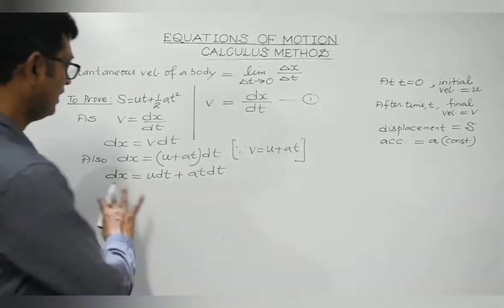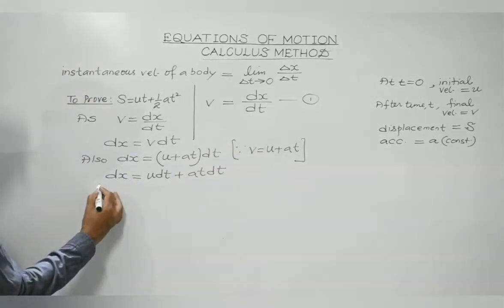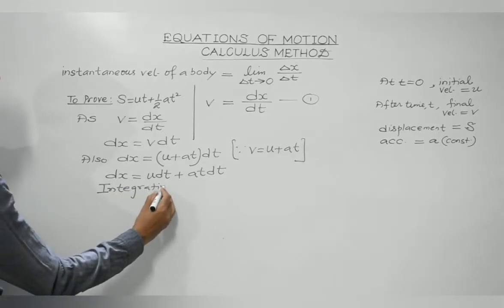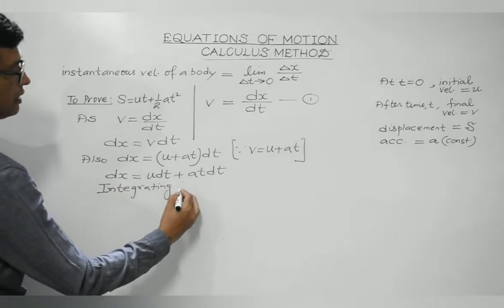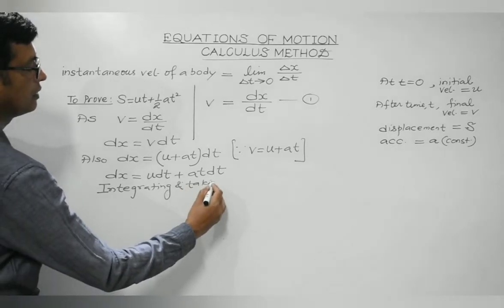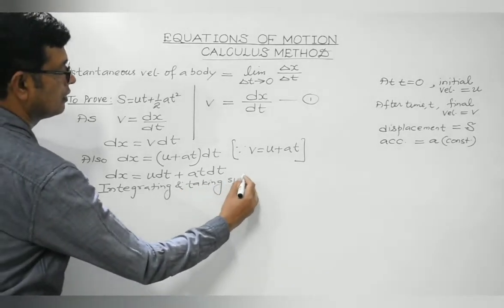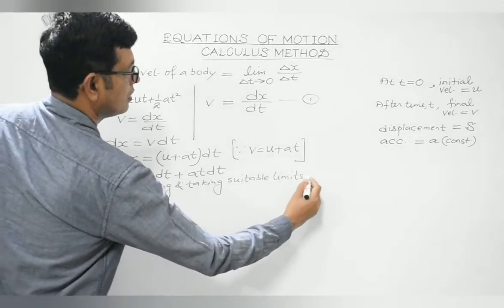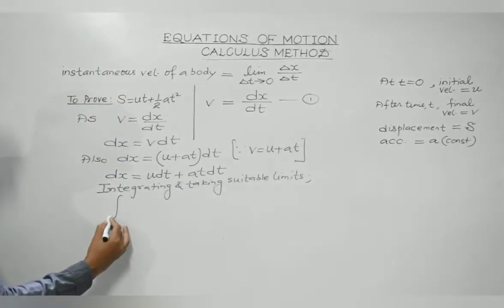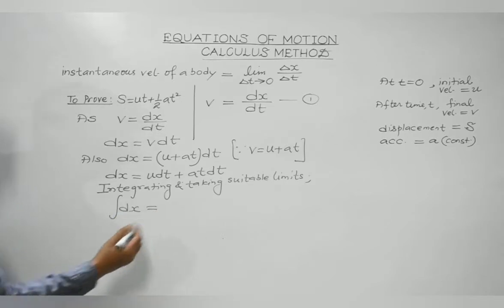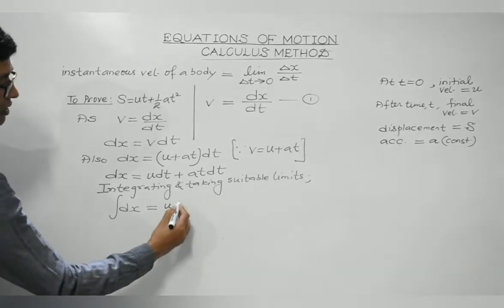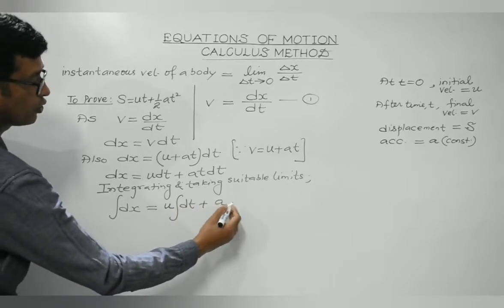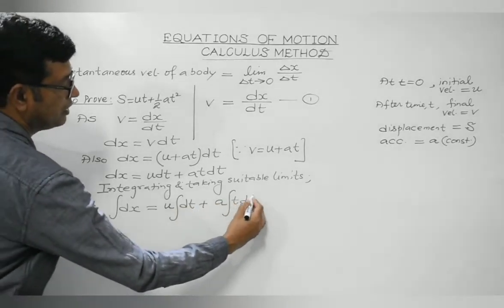Now students, let's integrate it by taking suitable limits. So integrating and taking suitable limits, what we get is integration of dx equal to u, the initial velocity constant, integration dt, plus, for uniformly accelerated motion, acceleration is constant, integration t dt.